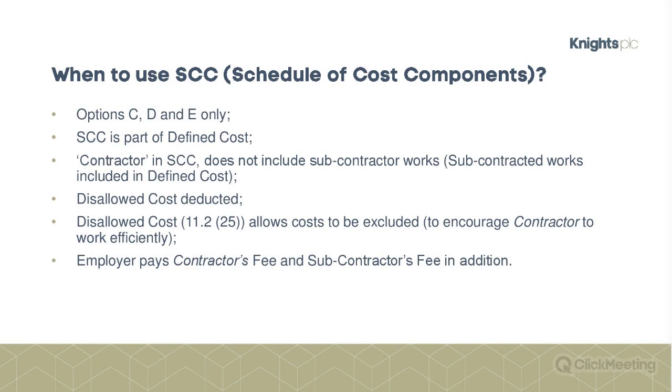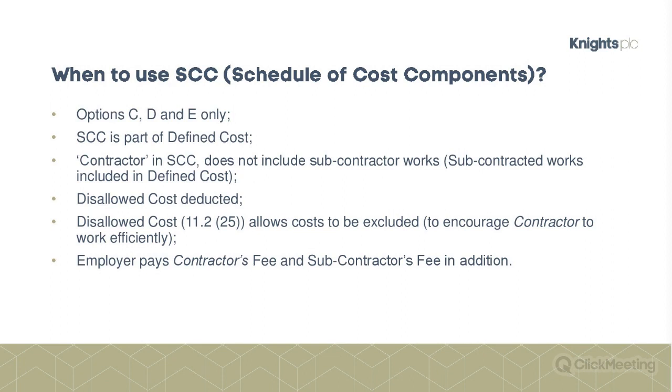Subcontracted works are specifically covered in defined cost, so you need to bear that in mind. Disallowed costs are deducted from any defined costs. So the defined costs include your costs, contractor's costs under the schedule of cost components. It includes subcontracted costs in addition. But from this, defined costs, disallowed costs are deducted.